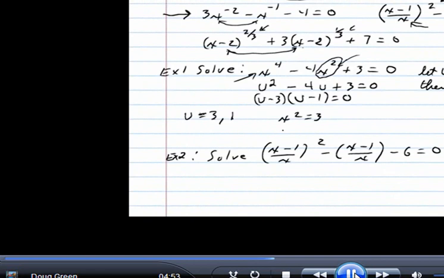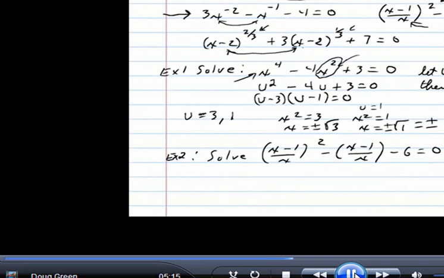And by the square root property, that tells me x is equal to positive or negative the square root of 3. If u is 1, that tells me x squared is 1. So again, by the square root property, x is equal to positive or negative the square root of 1, which is positive or negative 1.